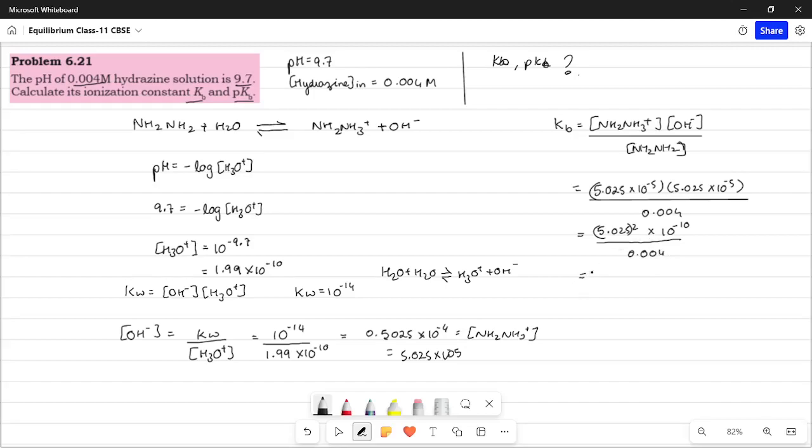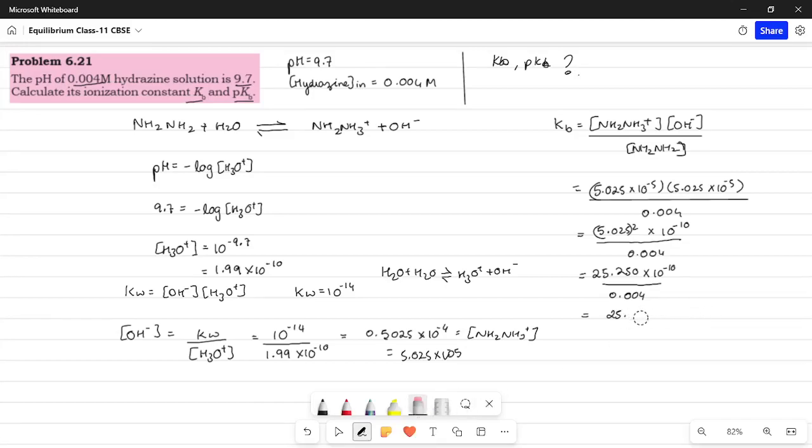So this we can further simplify: 25.250 into 10 to the power minus 10 divided by 0.004. Okay, now this is equal to 25.250 into 10 to the power minus 10 divided by 4 into 10 to the power minus 3.